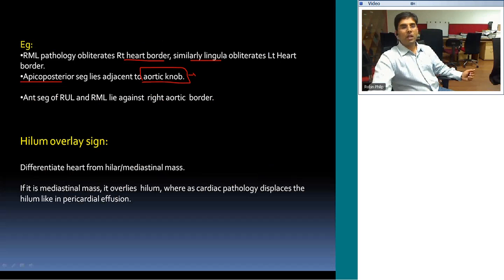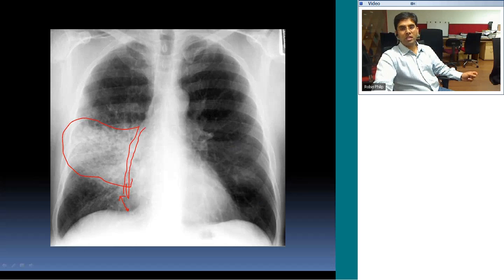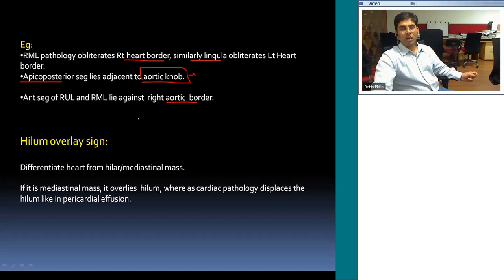And then the anterior segments of the right upper lobe and right middle lobe lie against the right heart border as well. In this case, you can see the right heart border is also obscured. So another important sign is the hilum overlay sign. This is to differentiate hilar and hilar/mediastinal masses from heart mass or heart pathology.